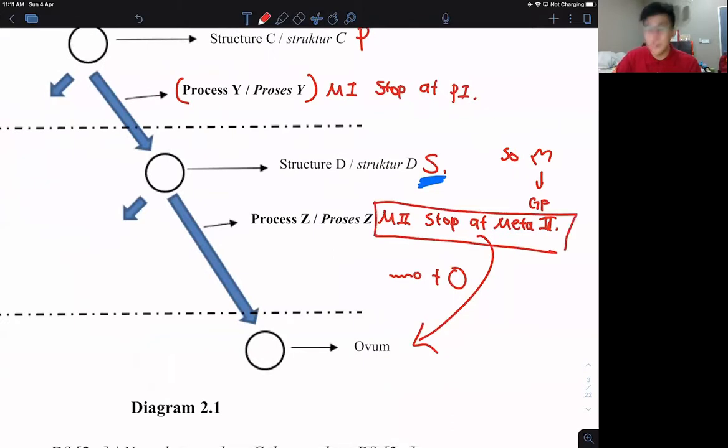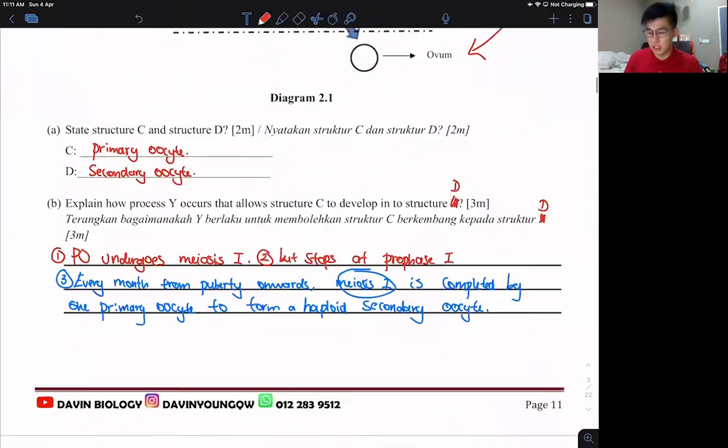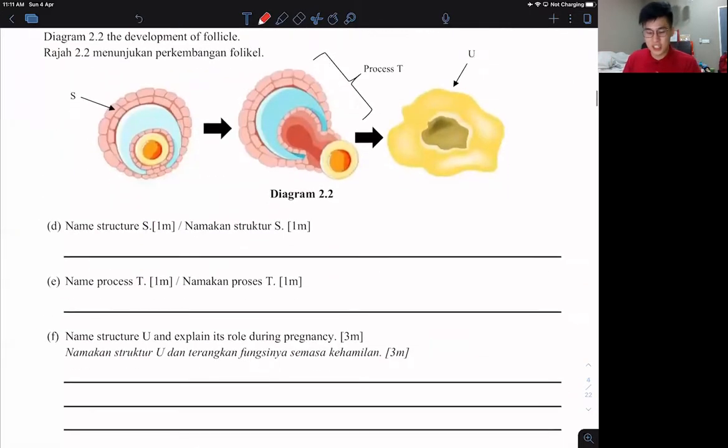For it to complete, it depends whether there is sperm or not. So every month, your meiosis 2 doesn't complete, understand? Unless there is sperm. Whether sperm comes or not, the Graafian follicle will definitely form, which is the next question they asked us.